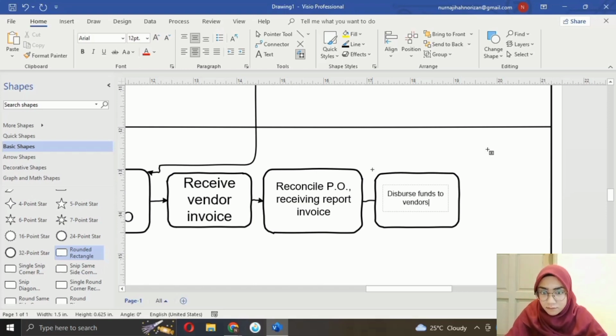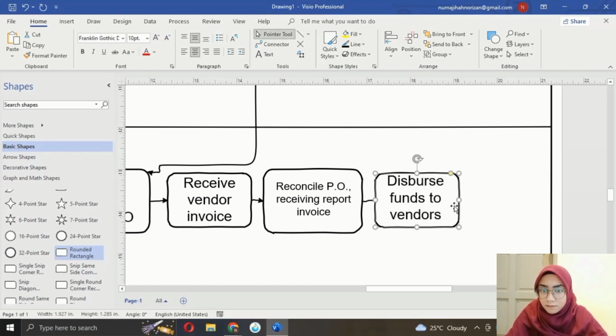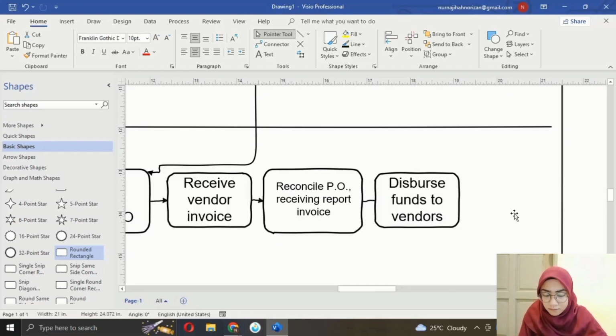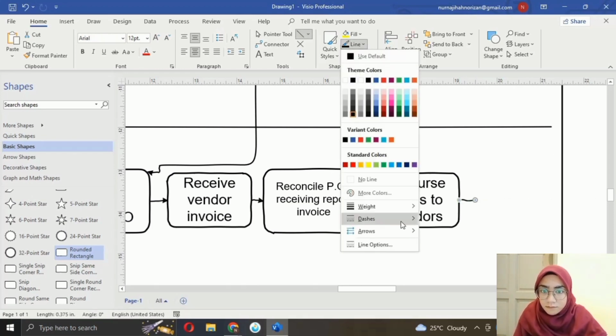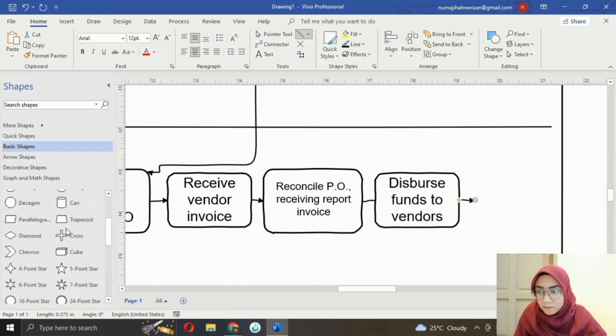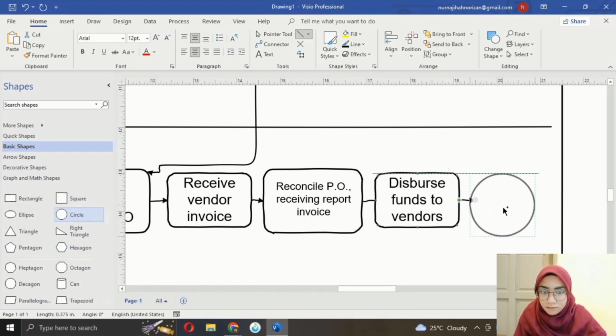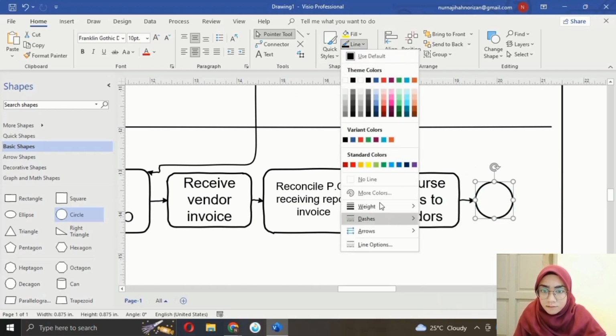So from this, vendors send an electronic invoice that shows the goods shipped, their prices and total amount owed, and we continue with the last arrow and a small oval circle to show the end of the process is presented.